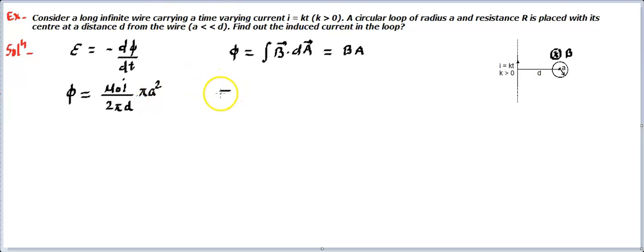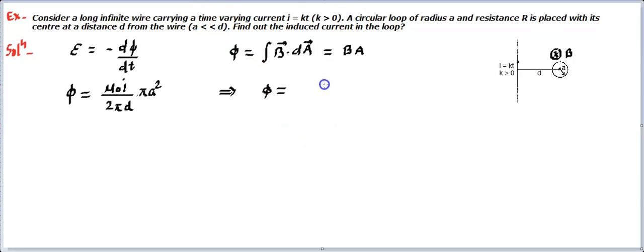From here we can find the flux through the loop. I hope you have understood this approximation. Since a is very small, we consider B to be the same at all locations. If a is significantly large, then we need to find B at all the points and integrate. So this condition has been used.